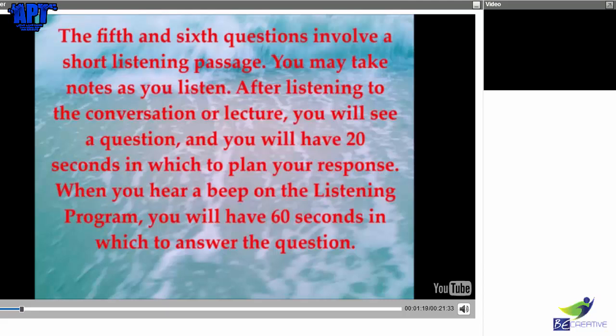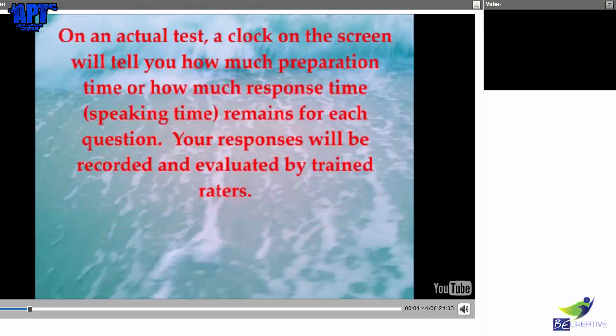The fifth and sixth questions involve a short listening passage. You may take notes as you listen. After listening to the conversation or lecture, you will see a question and you will have 20 seconds in which to plan your response. When you hear a beep on the listening program, you will have 60 seconds in which to answer the question.